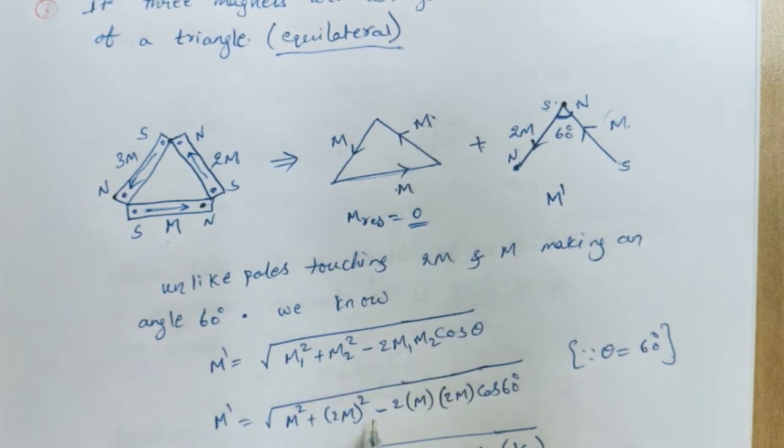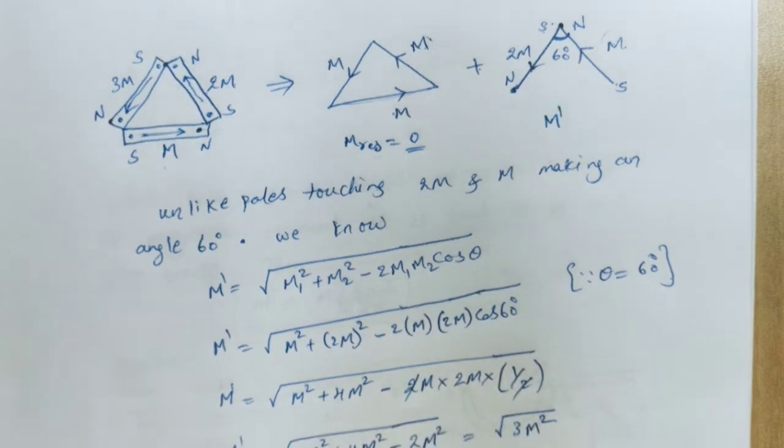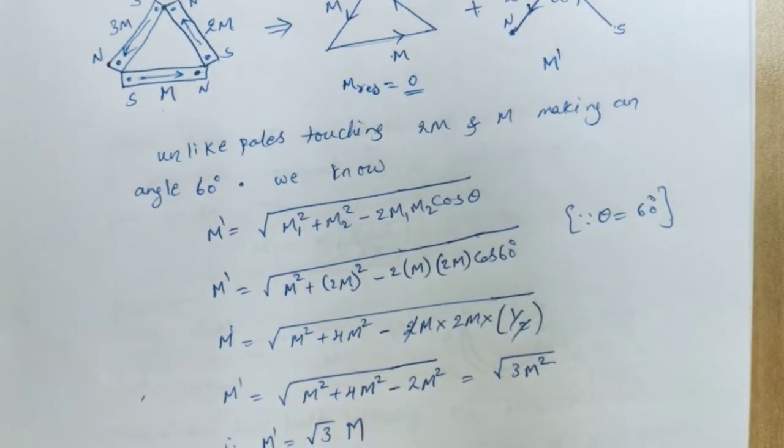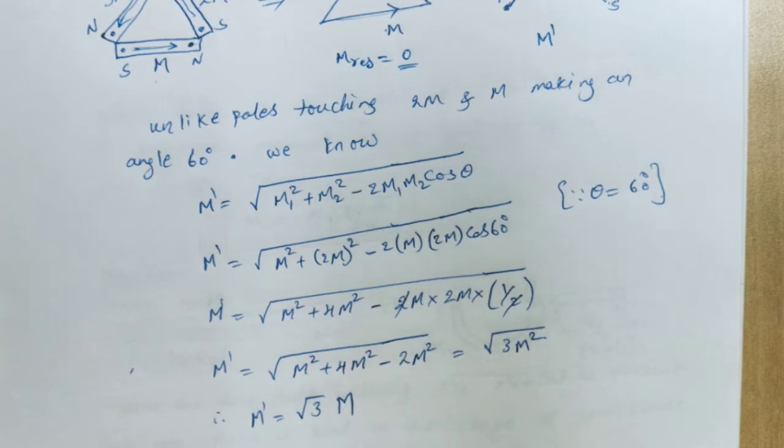In this formula we substitute the values. So m1 we take as m and m2 we take as 2m. So m square plus 2m whole square minus 2 into m into 2m into cos 60. On simplification, finally we will get root 3 m square, or otherwise root 3 into m, or otherwise m root 3 is the result we will get in this case.